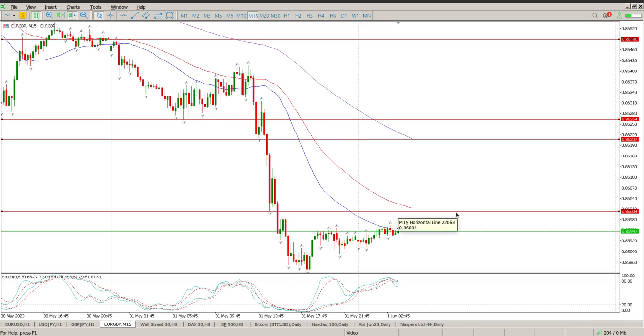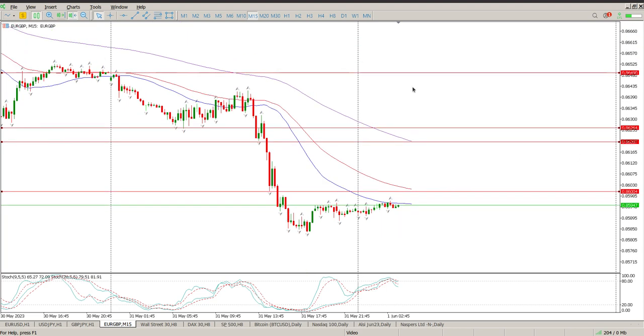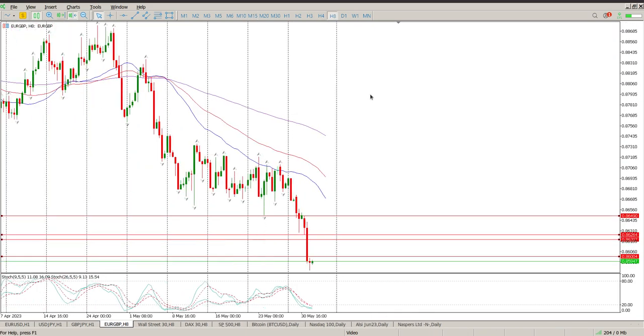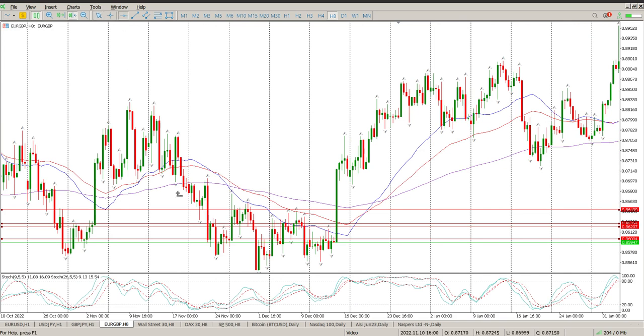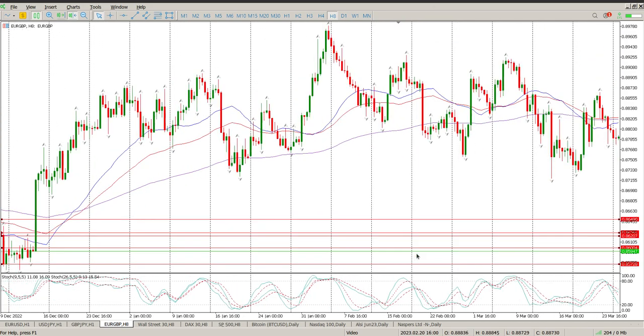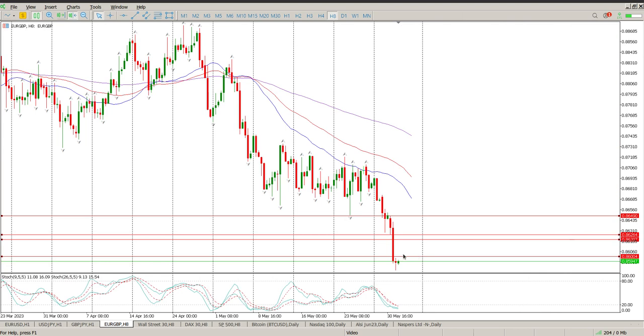So 086000 will probably be the safest bet. If you do reject there, maybe well worth looking for an opportunity to the downside. And the target that you'd be looking at would be something along the lines of there, which would be 085728. So that's kind of the only opportunity that we can see right now.